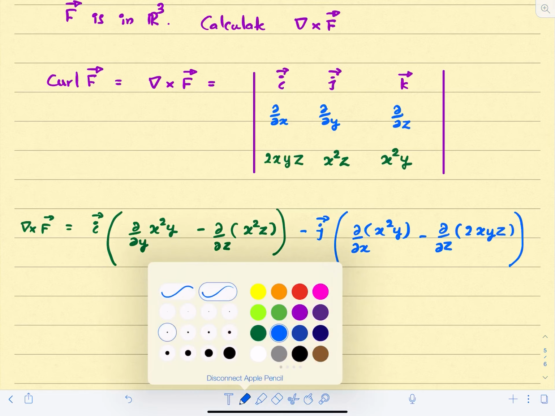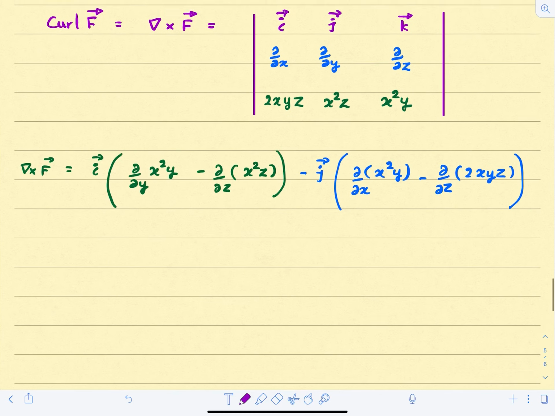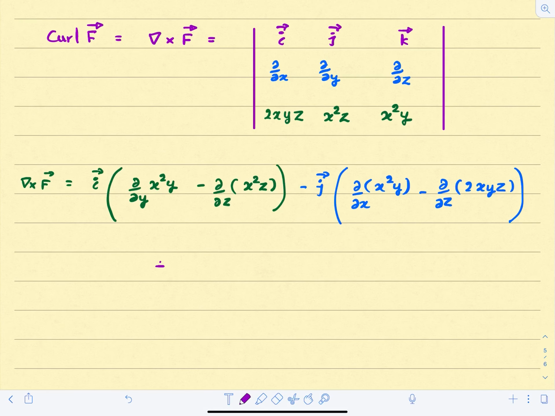The last part, plus k times partial over partial x of x squared z minus partial over partial y of 2xyz. This is the way we calculate the cross product.